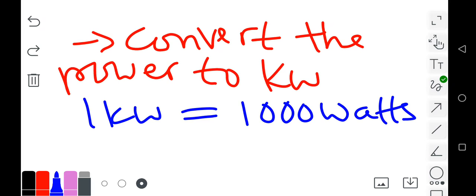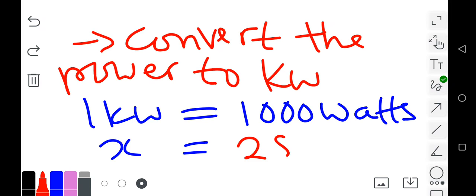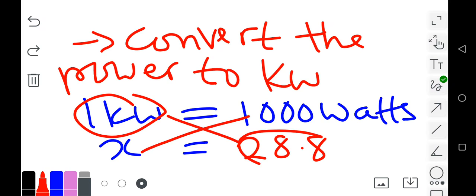Now, what about 28.8 watts? We are converting that from watts to kilowatts. So pay attention to that, and you cross multiply. We are going to have x times 1,000, which gives 1,000x, and then 1 multiplied by 28.8, which gives 28.8.